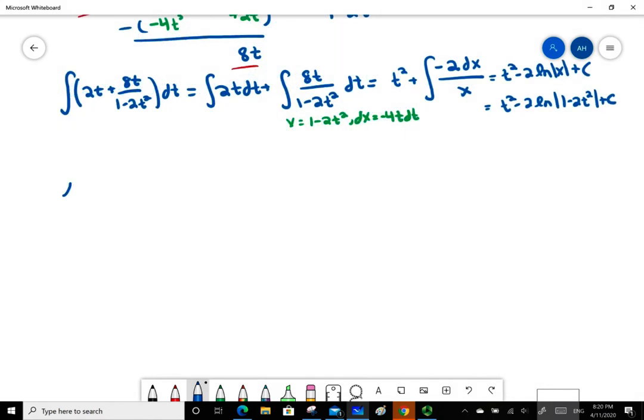So we now have that the natural log of the absolute value of z is t squared minus 2 natural log absolute value 1 minus 2t squared plus c.